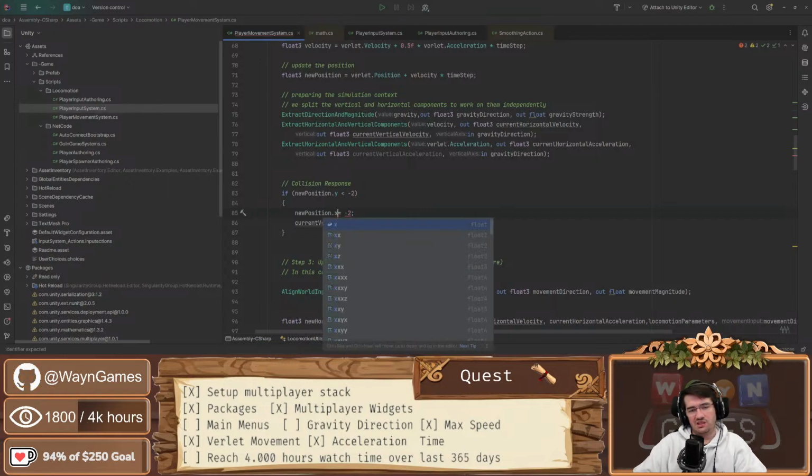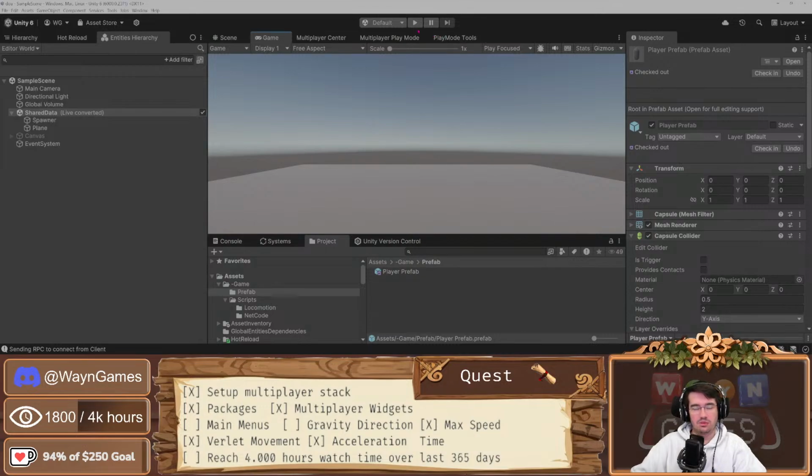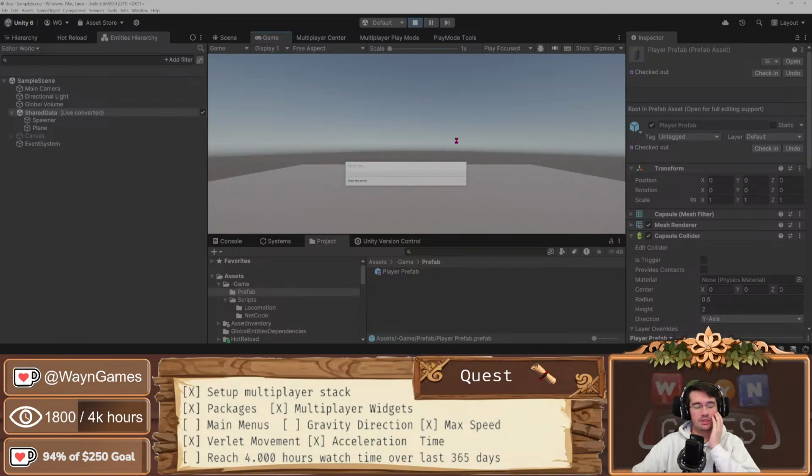Right would be X. That makes sense. Let's see what happens. I'm trying to make it walk on the side, basically. We'll see if it falls in the correct direction, at least.